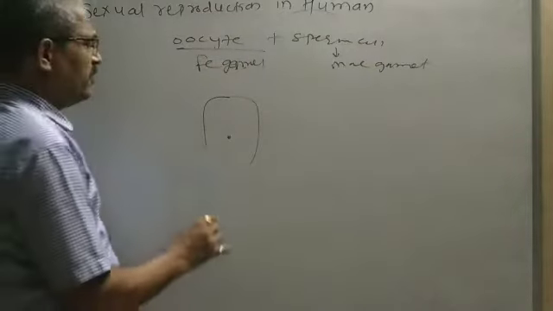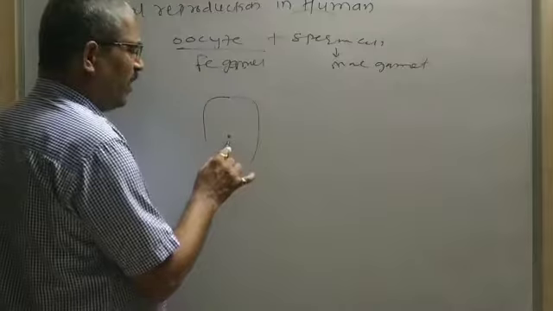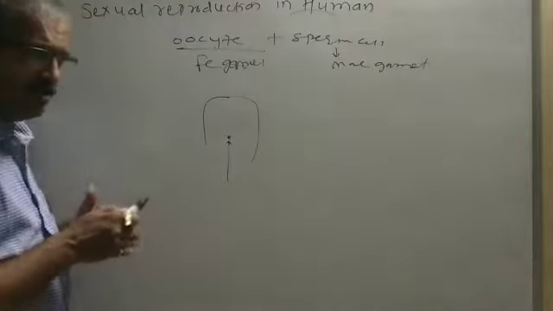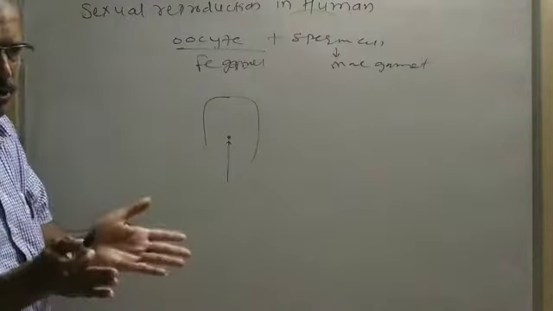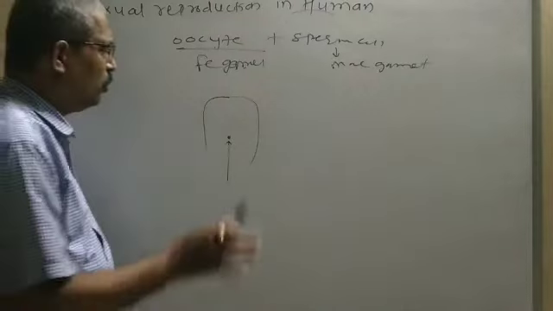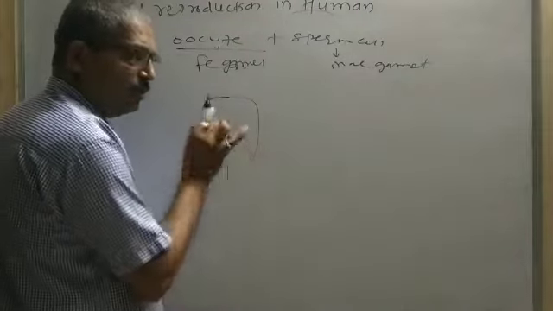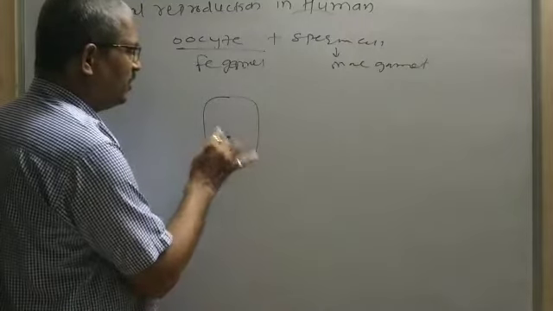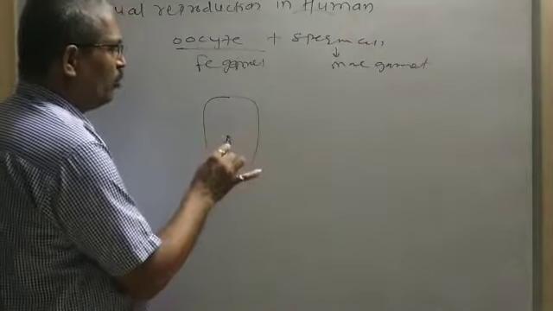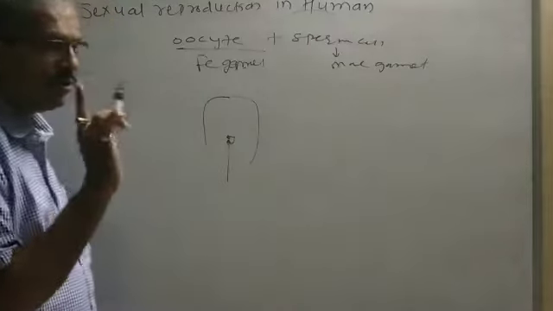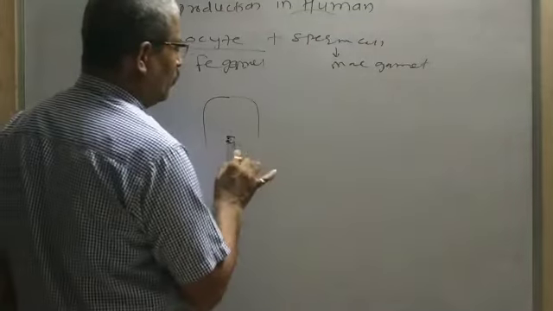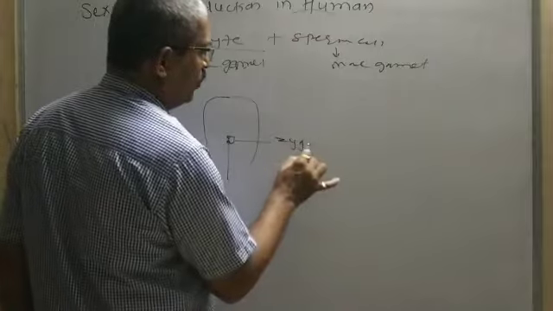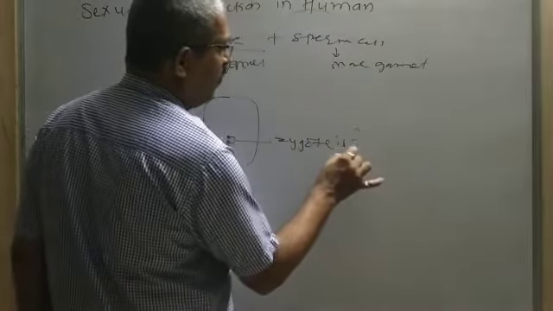When the sperm cell comes through the penis via the vagina and unites with the egg cell or oocyte, a zygote is formed.